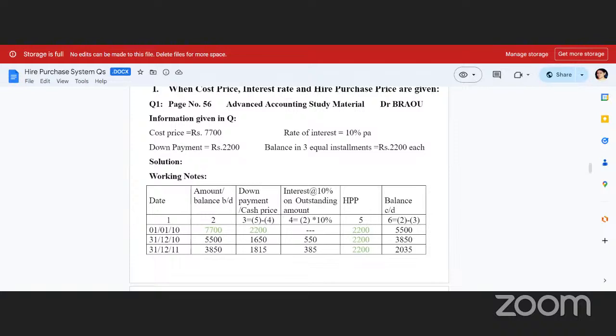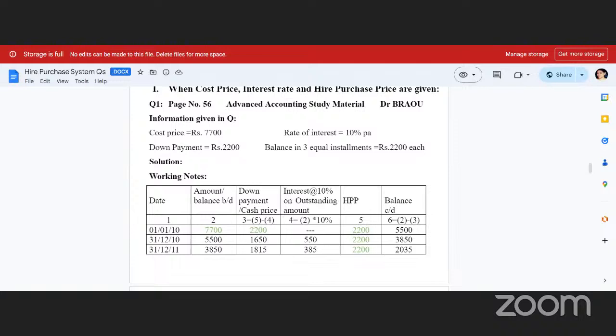One second. This is my number. Okay, this document came.